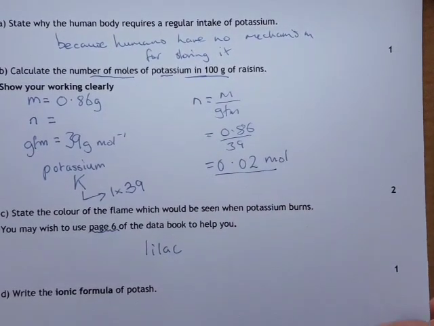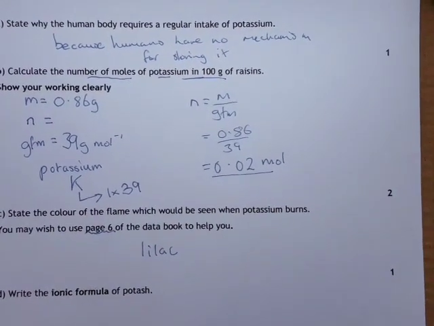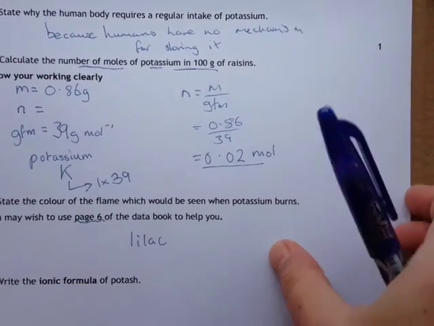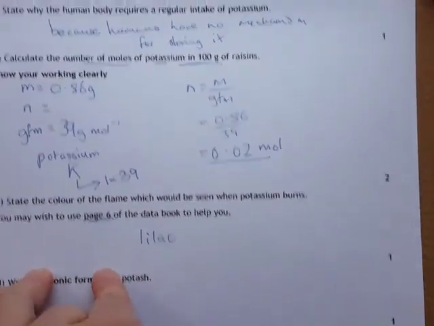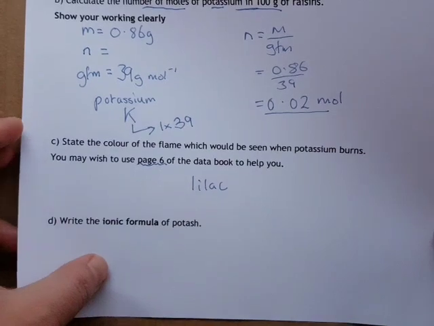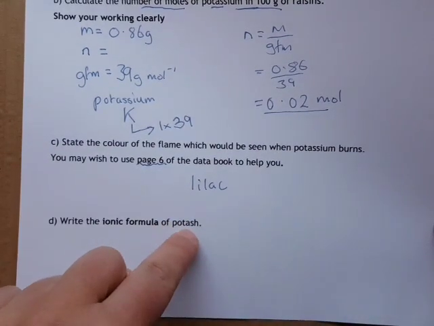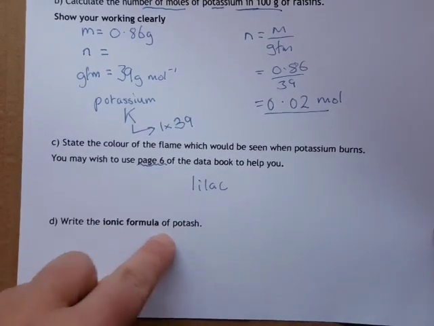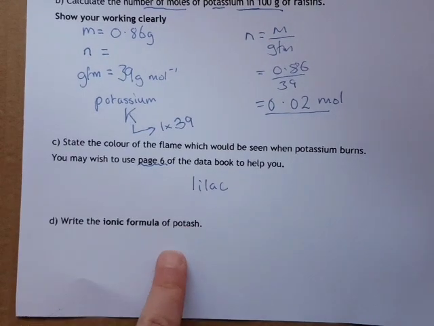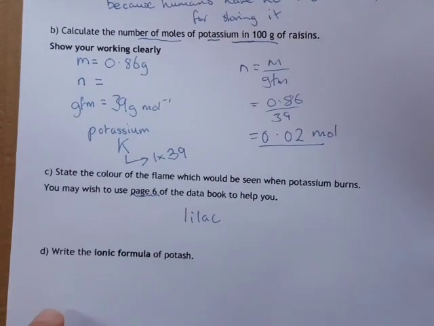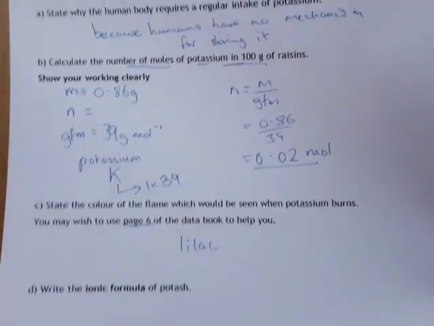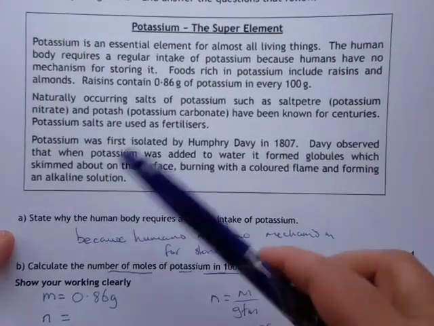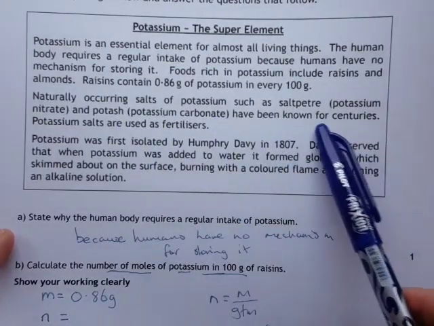And then part D, this was again a little bit more difficult and not quite so well done. So D says write the ionic formula of potash. Now again, potash is something that you've never heard of, but if you come across something like that you've never heard of in chemistry, you need to look at the information in the question. So we're assuming potash must be some kind of chemical, and we're going to look for information about it in the passage here.